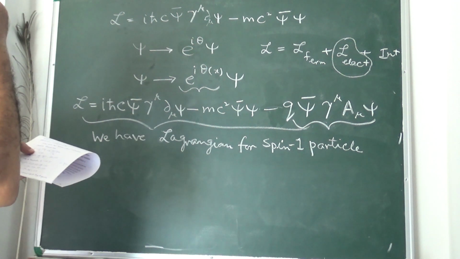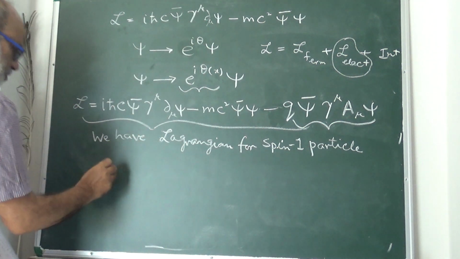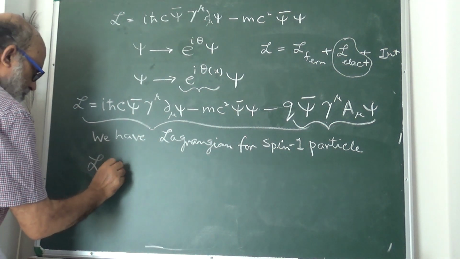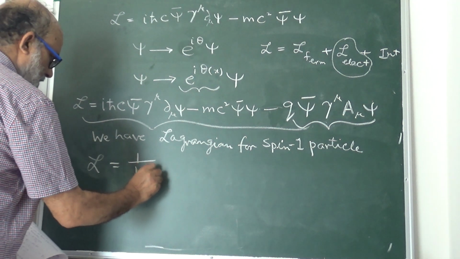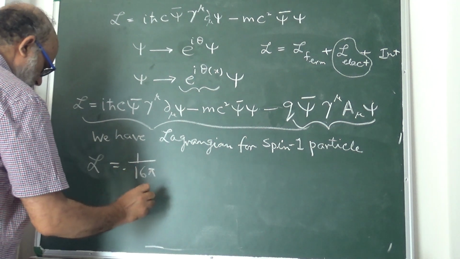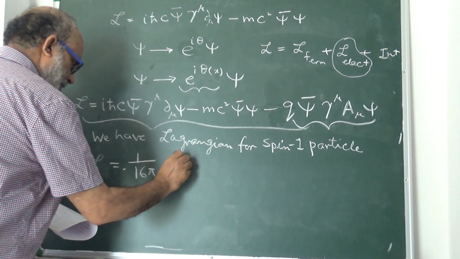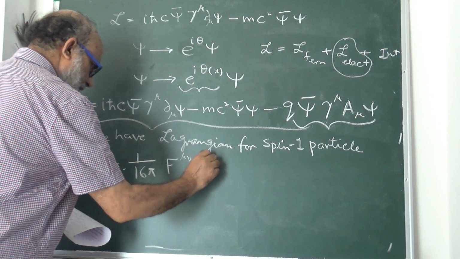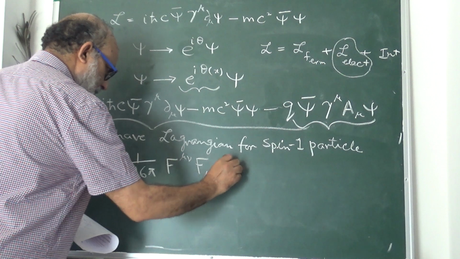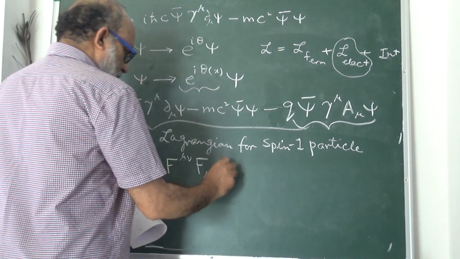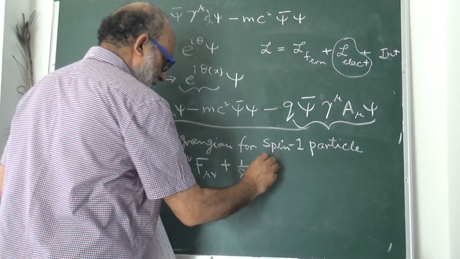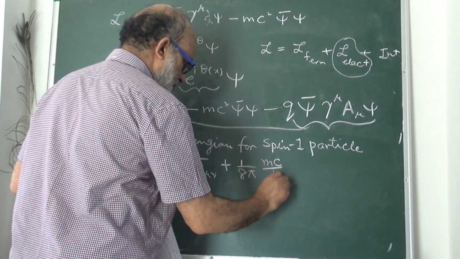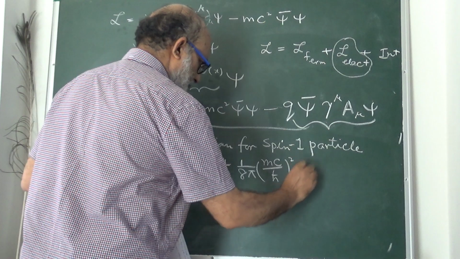So the Lagrangian for spin 1 is minus 1 by 16 pi F mu nu F mu nu, plus 1 by 8 pi times m c by h cross squared A mu A mu.